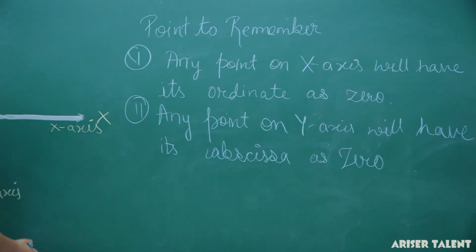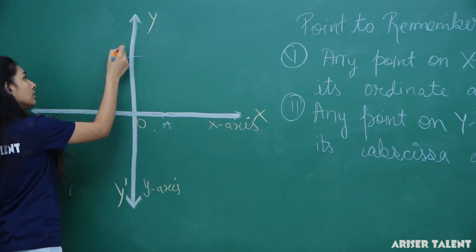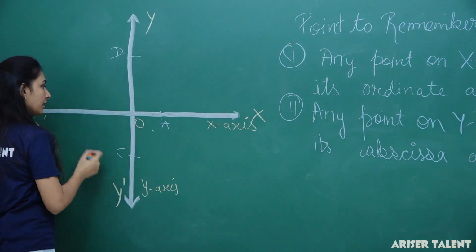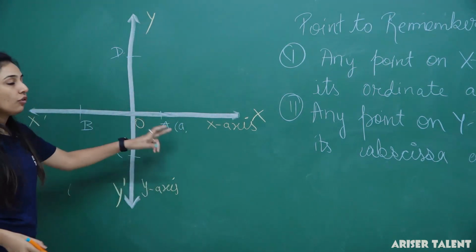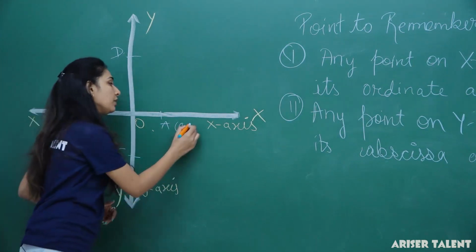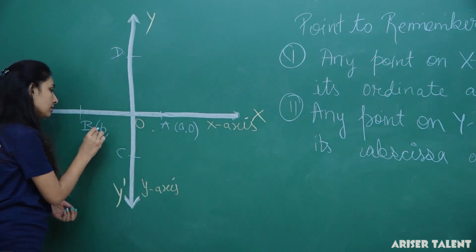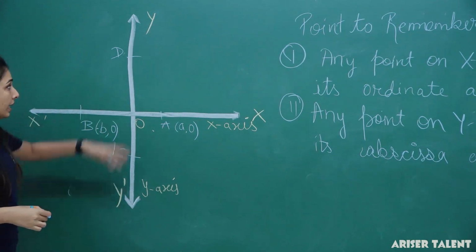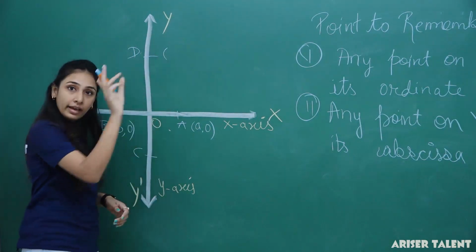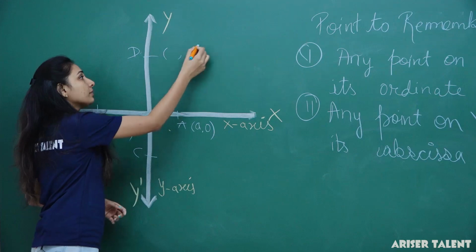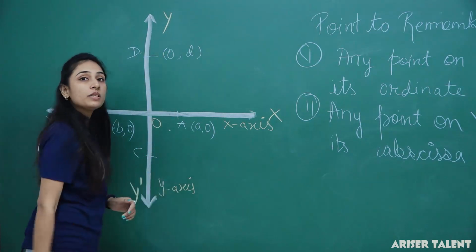That means if I have point A here, point D here, any point C here, any point B here, I will have some value of abscissa, but the ordinate will always be 0. Here on the y-axis I have any point with some value of ordinate, but the abscissa will always be 0.